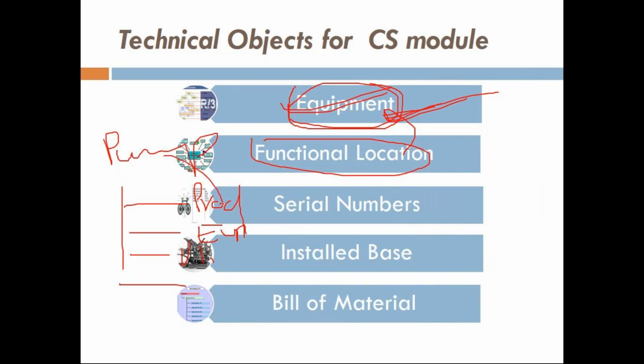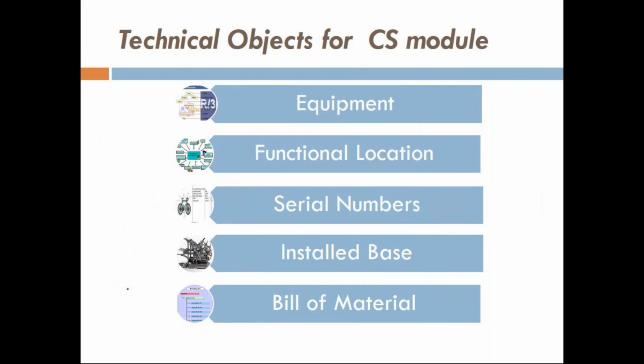So different pumps are located in different areas, and these areas are called functional locations. How these functional locations have to be created, how equipment is installed at a functional location, all that we will discuss. This functional location is at the customer place, yes, but still we have to create that functional location structure in the system.